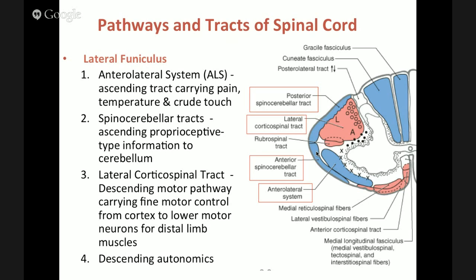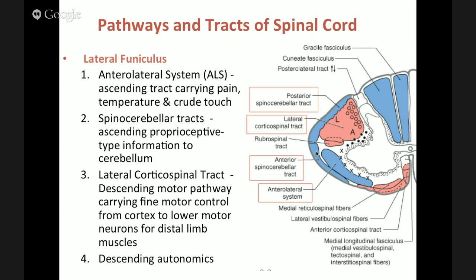Proprioception is defined as the conscious awareness of muscle length and tension and joint position. So by definition, you can't have unconscious proprioception, but it's easier to say than unconscious information of muscle length, tension, and joint position.